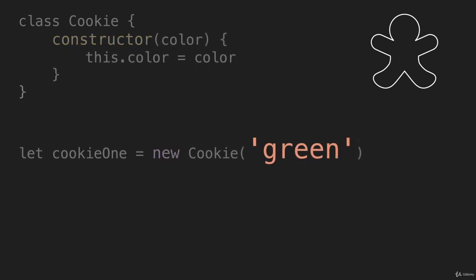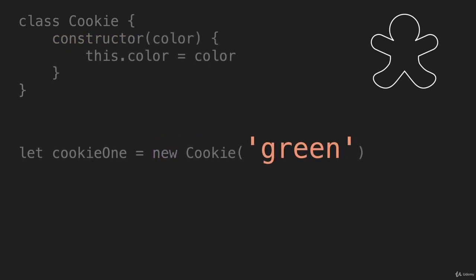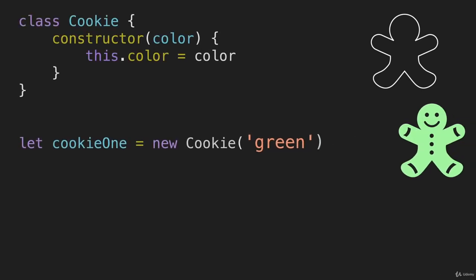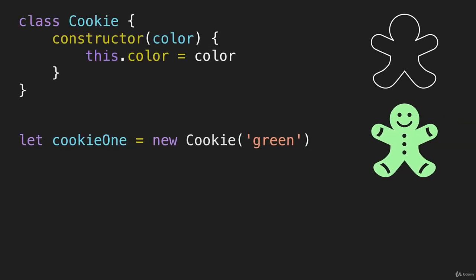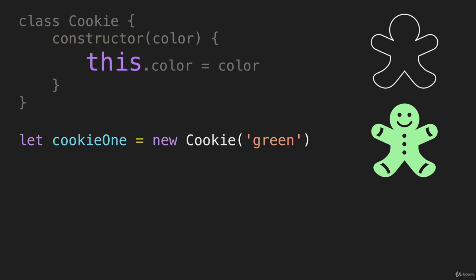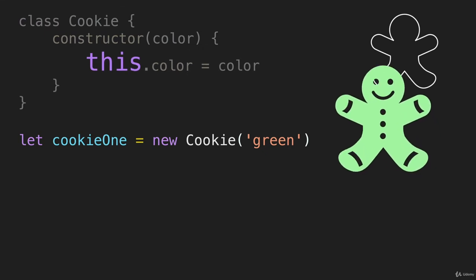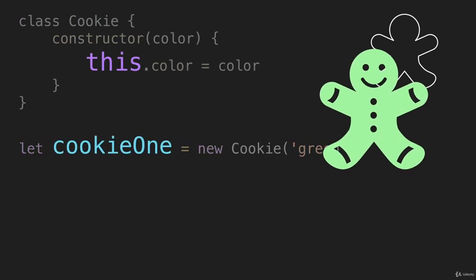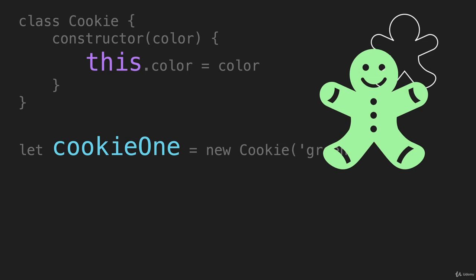And we are passing it a color, green, and that is going to create a green cookie. So we would say that this cookie is green. This one right here is called cookie1. That's where the this keyword applies, because we can have multiple cookies that are created by this. This keyword is going to refer to a specific one.